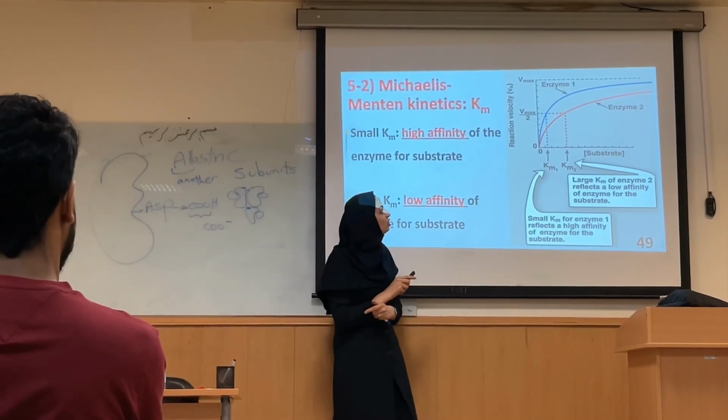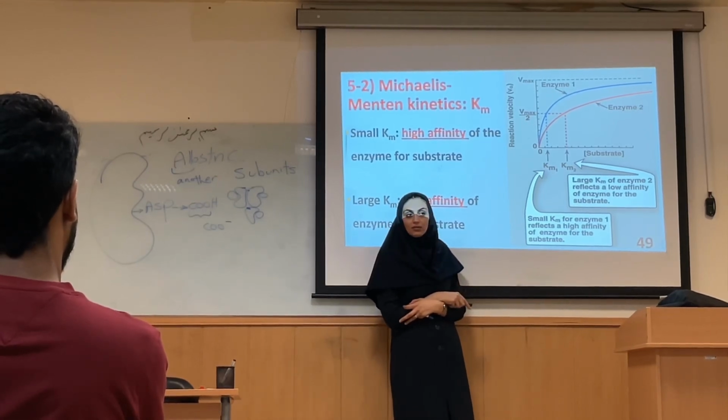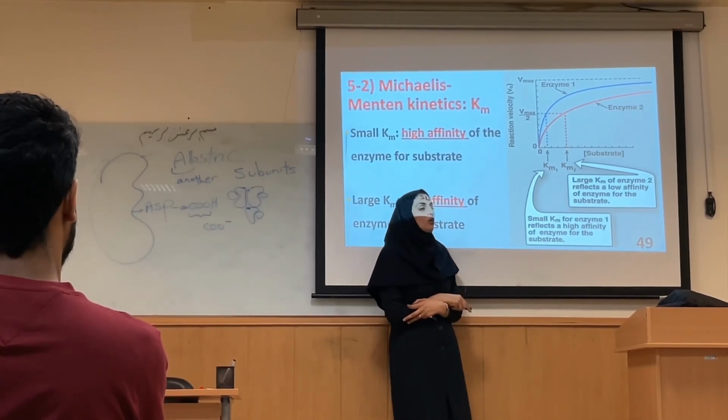Okay? You can see that here is half of our Vmax. Am I right? Yes. The enzyme with the blue curve has a lower Km, and the other enzyme with the red curve has a higher Km. What does it mean?